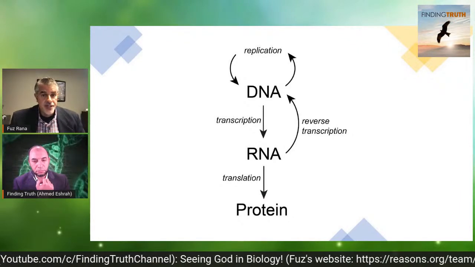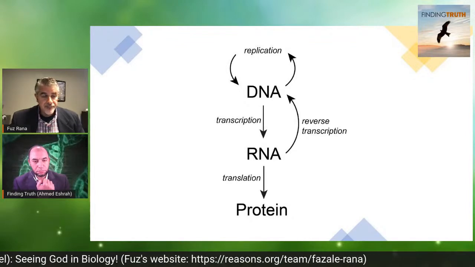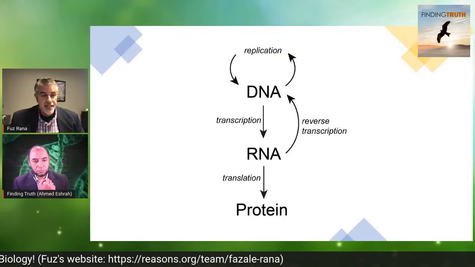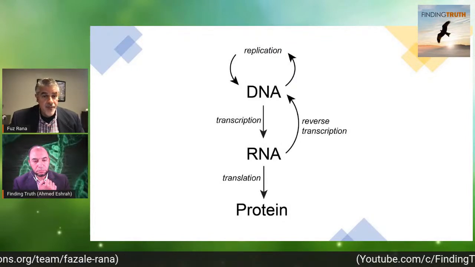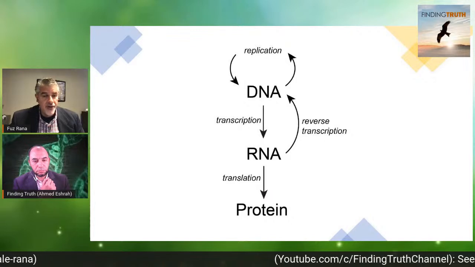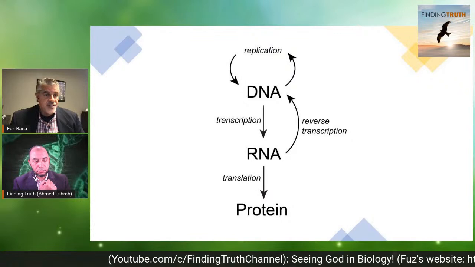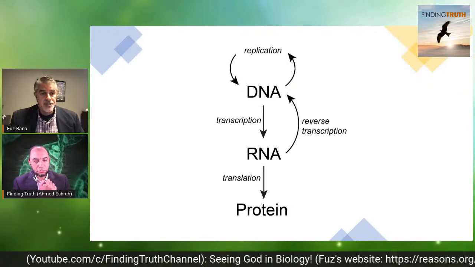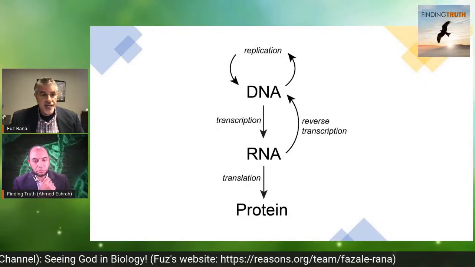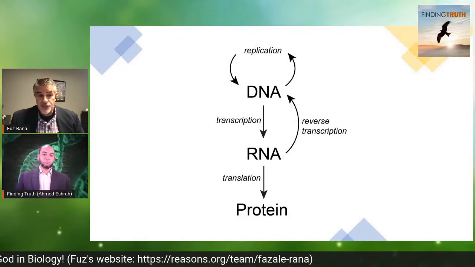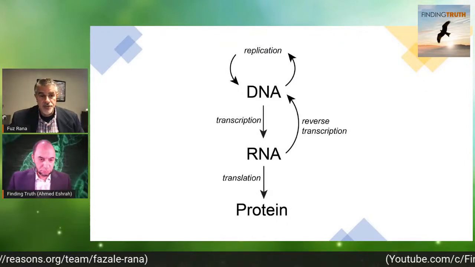It is copied through a process called transcription, so that each gene's information now resides in a molecule called RNA, which is very similar structurally to DNA. Both DNA and RNA are polynucleotides. Then that information in RNA is read at ribosomes to produce proteins.